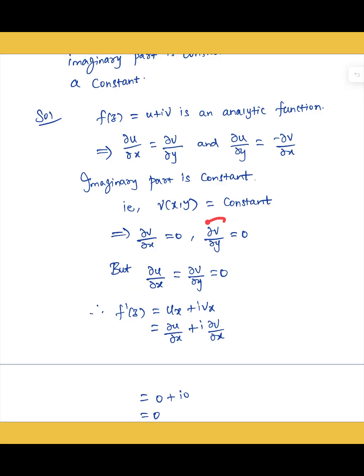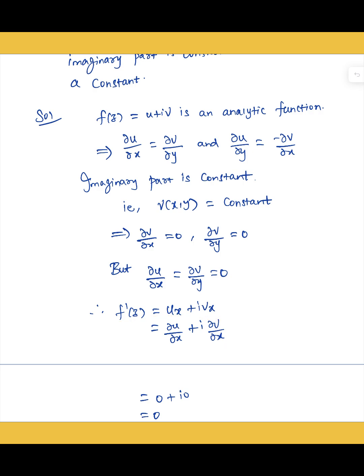So what I have done here is f'(z) = ux + i vx, so ∂u/∂x + i ∂v/∂x.